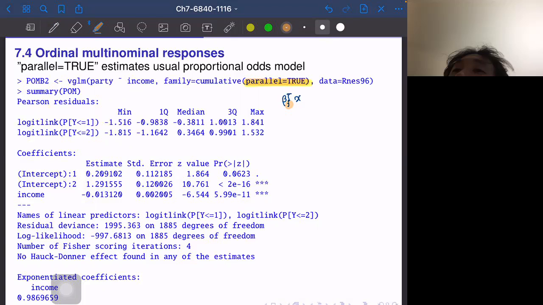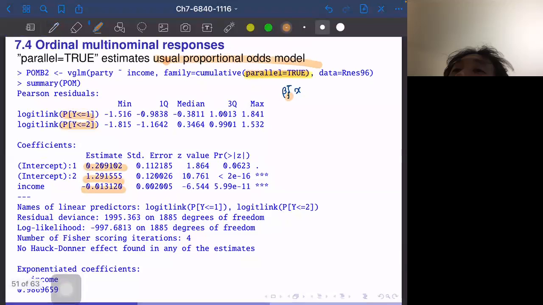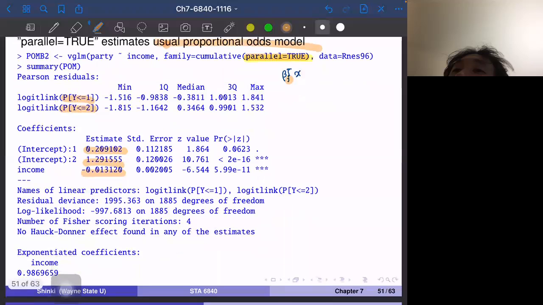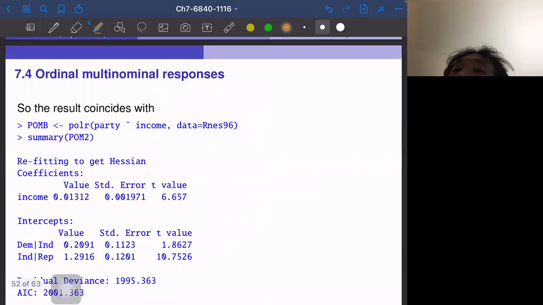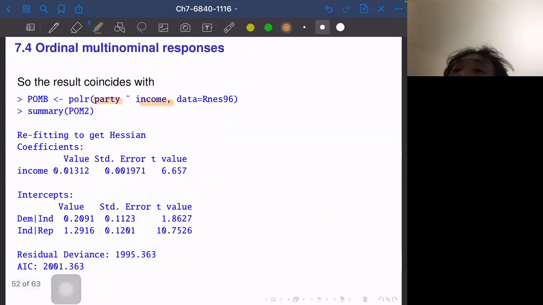We again fit this, and it is basically the same as the usual proportional odds model. We get these coefficients, and they are exactly the same as the previous proportional odds model estimated by the polr function. So we again fit party on income, and we can get these values.